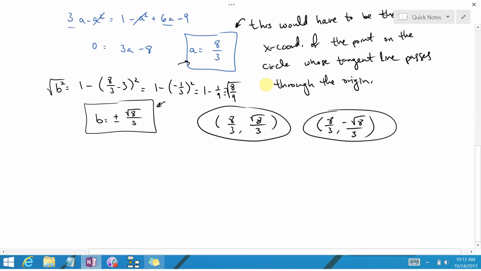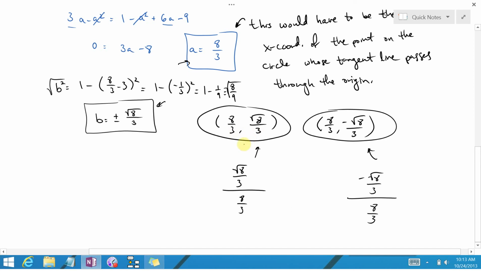So b over a, right, the slope of this line is radical 8/3 divided by 8/3. And the slope of this line is negative radical 8/3 divided by 8/3. And I guess the thirds are going to cancel. It's going to be radical 8/8 or 1 over radical 8, I think.